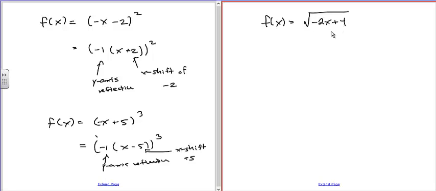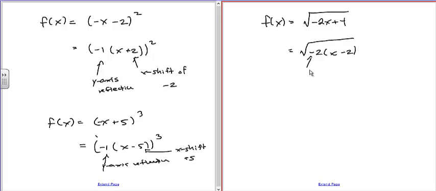Again, you might say, oh, I need to shift to the right 4 units, or to the left 4 units, if I just look at that term without thinking about what's happening over here. But what I would do is factor out a -2, so I'd have -2 times x minus 2. If you divide -2 by -2, you get 1. If you take 4 and divide by -2, you get -2.